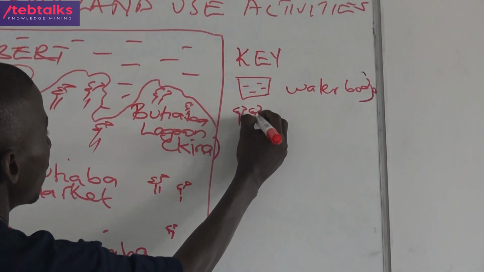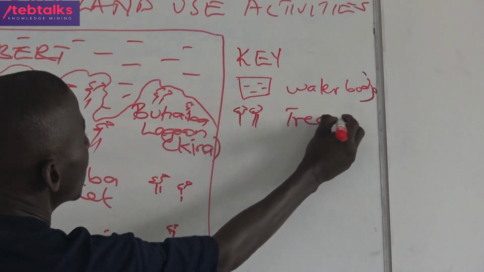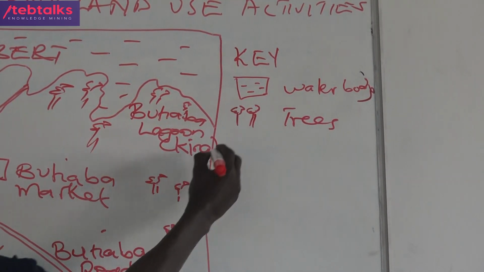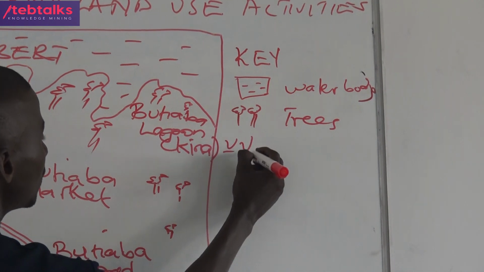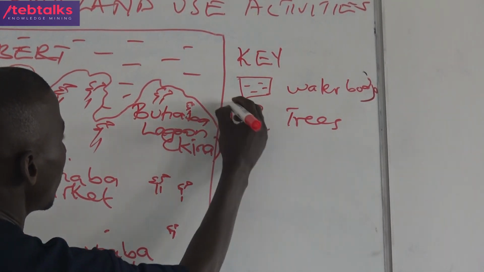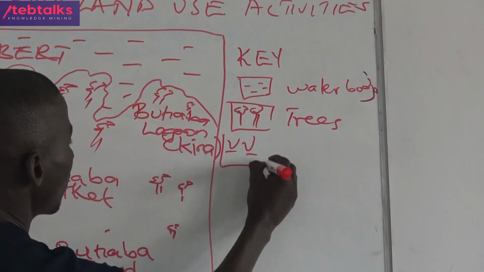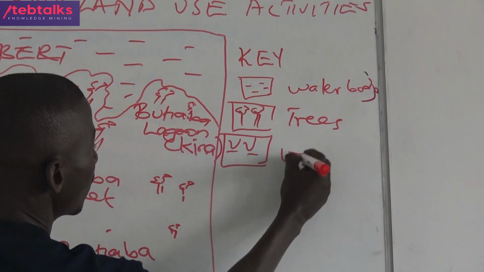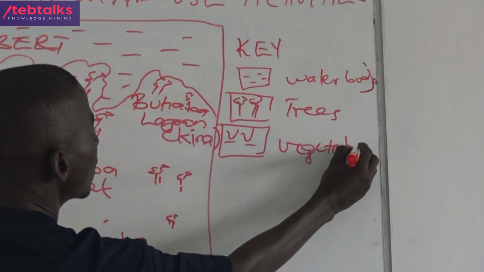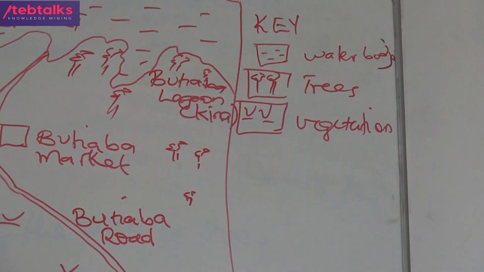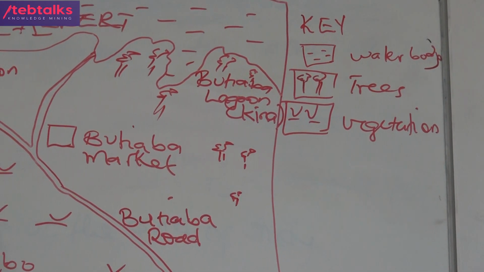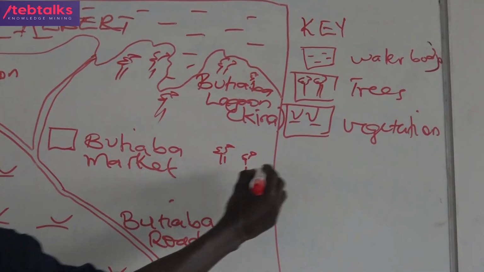These are trees. We have dry savanna vegetation. The extent of the escarpment.